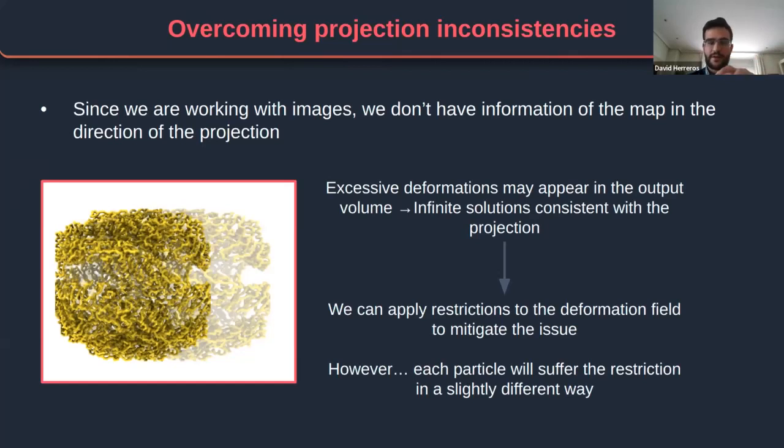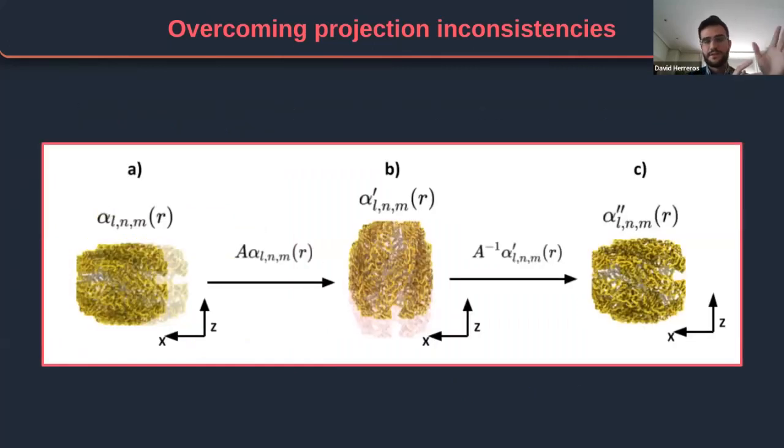But thanks to the properties of the Zernikes3D bases, we can solve this problem in a very elegant way. This is the way we can solve it. In the same way we can, for example, rotate a volume so it's in a different position, we can also apply the same rotation to our coefficient space. So for example, if we have this map and this set of coefficients that produce this deformation along the projection direction that we would like to remove, we can rotate the map and also the coefficients.